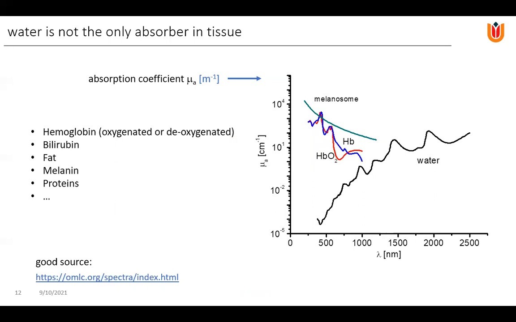The most important ones are hemoglobin, either oxygenated or deoxygenated depending on how many oxygen molecules it binds. There are also hemoglobin breakdown products such as bilirubin, and fatty components, which can be important for example if you would like to quantify constituents of dark components, for example melanin.